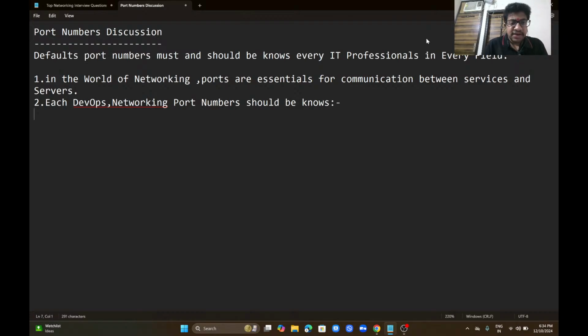What are the networking port numbers each DevOps person should know, and what are the networking port numbers we are using in real-world scenarios?